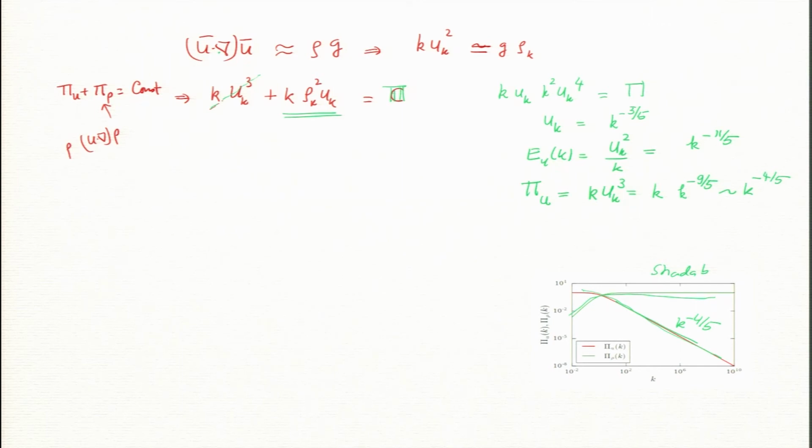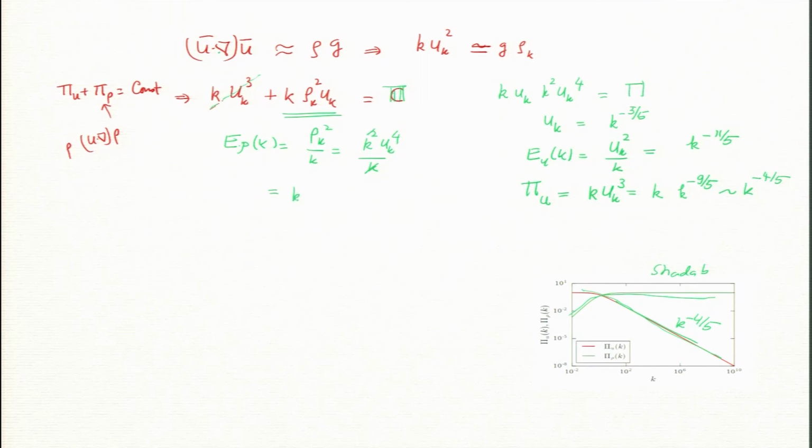Now, we can also compute E of rho of k. How will I get this? It is rho k squared by k. What is rho k squared? From here it will be k squared uk to the 4 by k, right? I am just following that. These things are very simple, you must do it yourself, and this k cancels.